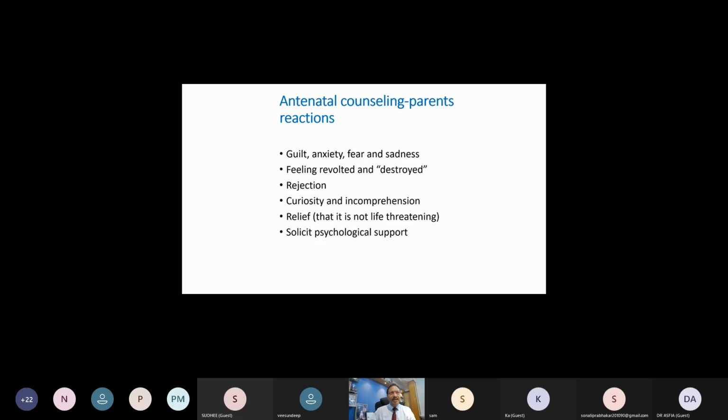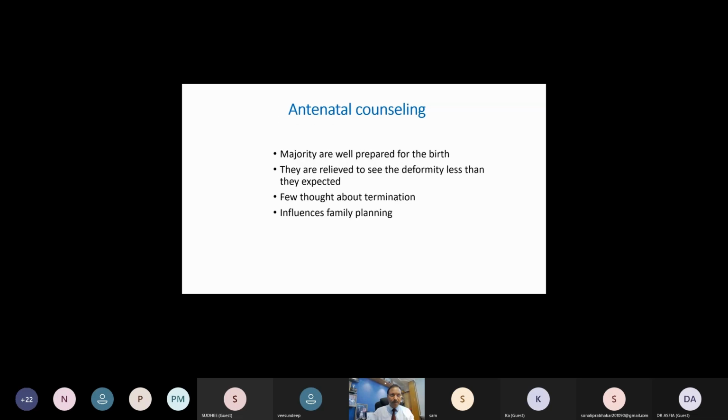There can be guilt and anxiety, fear and sadness in the parents, the feeling of being revolted and destroyed. There can be rejection, there can be curiosity and incomprehension, and there can also be relief that it is not life-threatening when you inform them about this. They often solicit psychological support.